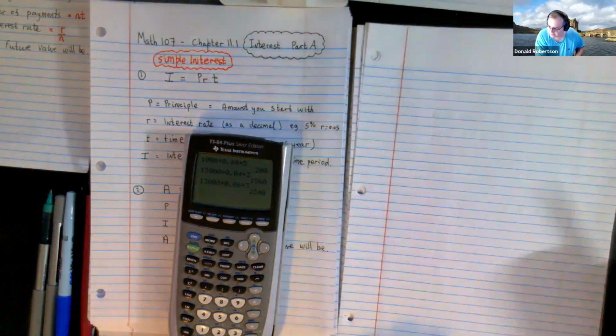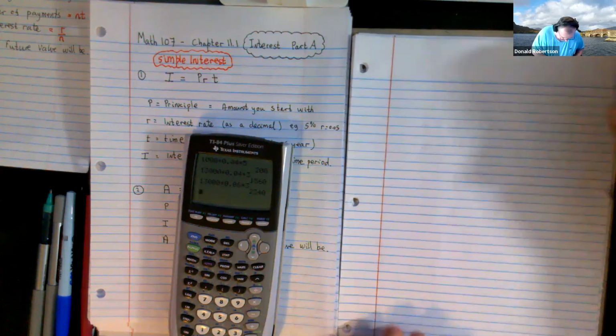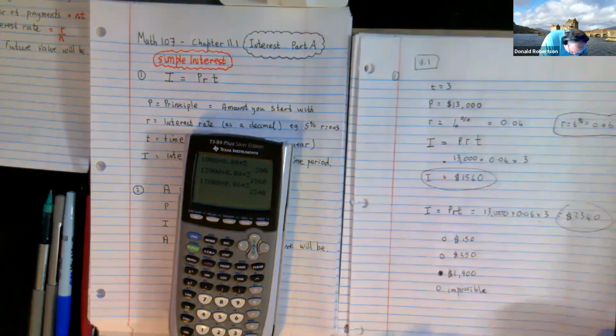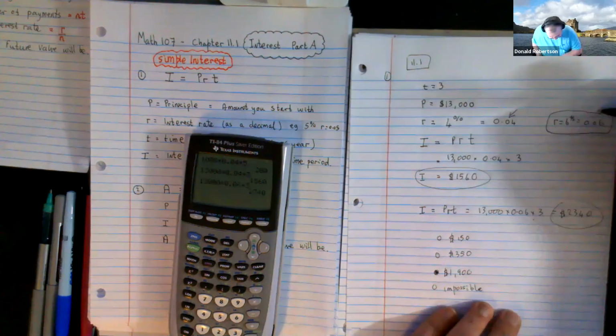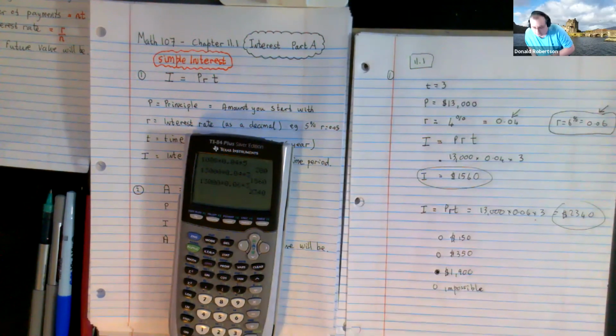Okay. Now, practical. 4% could be 6%. Why is there a difference? Why do some places give Tara 4% and other places give me 6%?